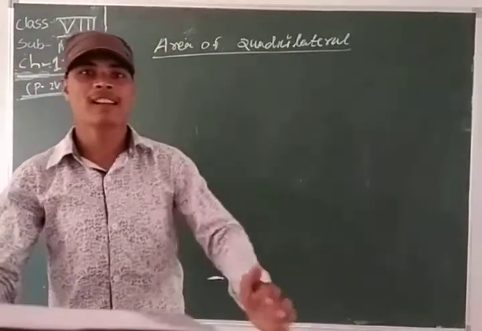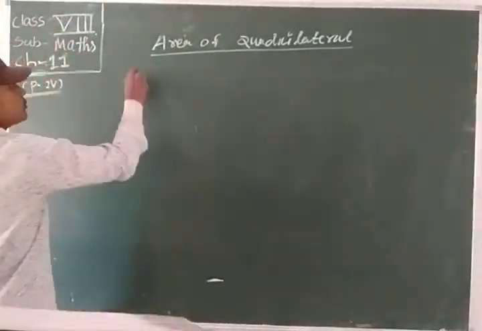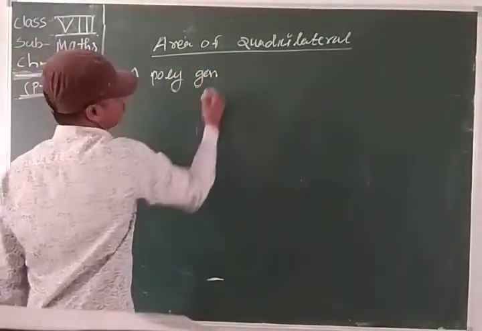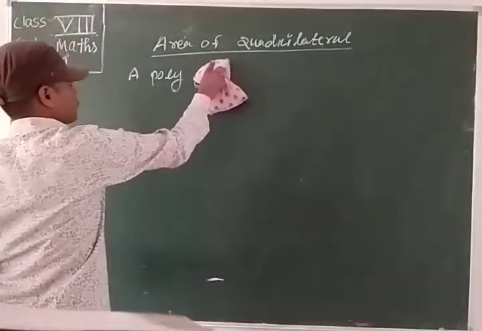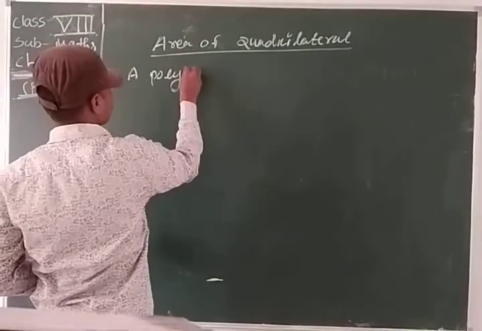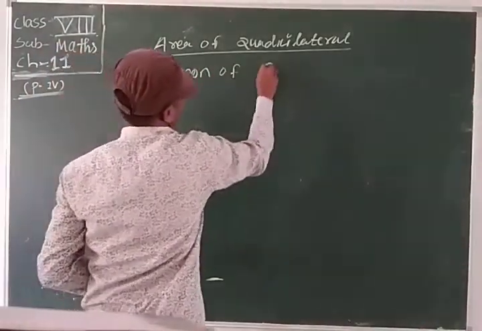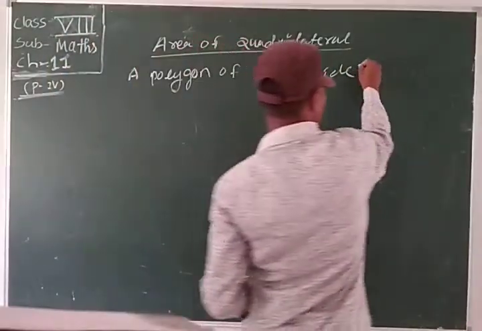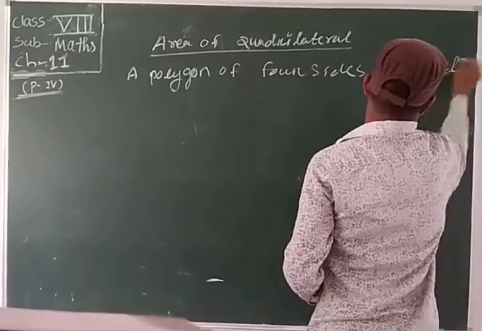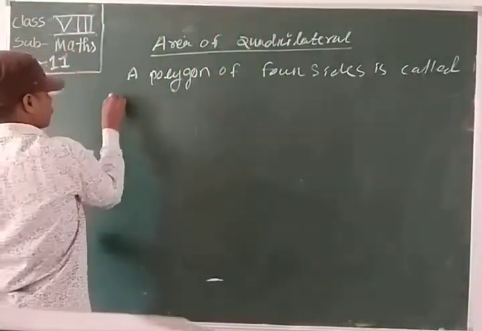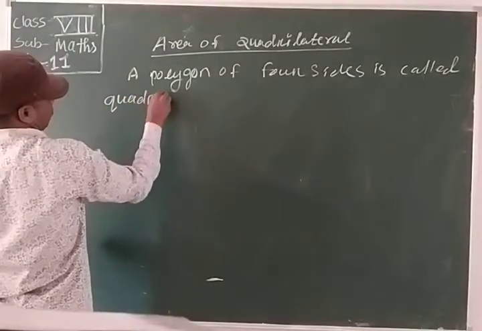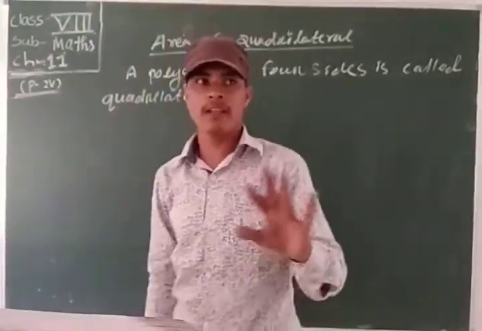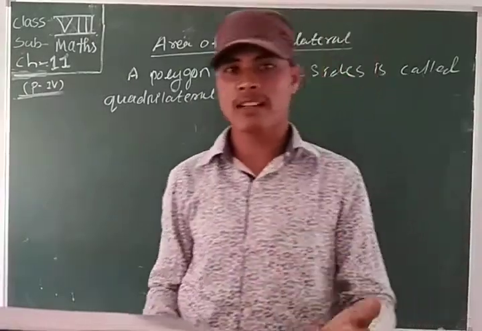You know what a quadrilateral is? A quadrilateral means a polygon of four sides.